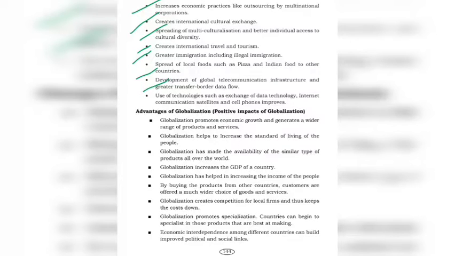Use of technology such as exchange of data technology, internet communication, satellites, and cell phones improves. We also got exposure to the internet because of this globalization. To promote globalization, we can say the internet was brought. With the help of the internet, other things have also developed. We are teaching online. The internet is used in many other sectors also.